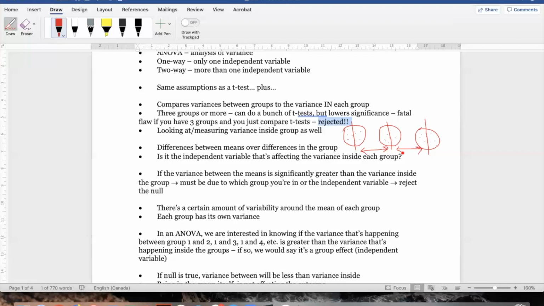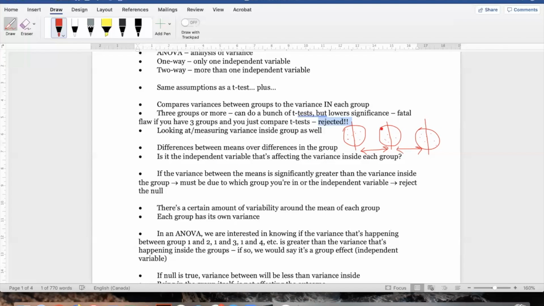So you can see that there's different test scores, whatever. Is the difference in these scores related to the independent variable, or in other words, something outside of the groups? Sorry, let me start again.